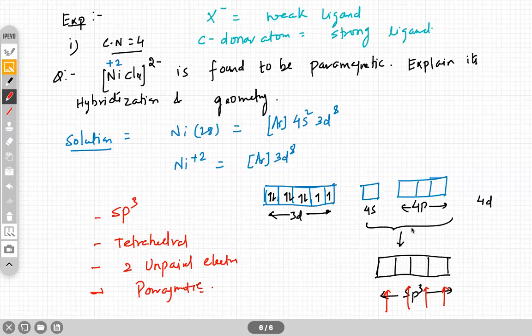Yes, Cl minus is a weak ligand, so there is no pairing against Hund's rule. Should note down this.